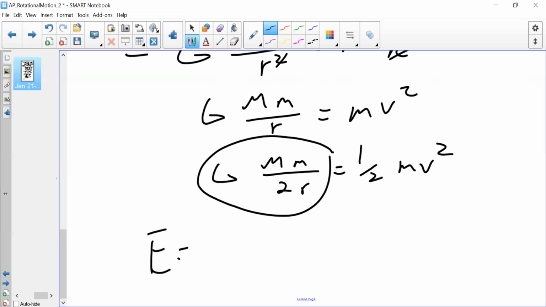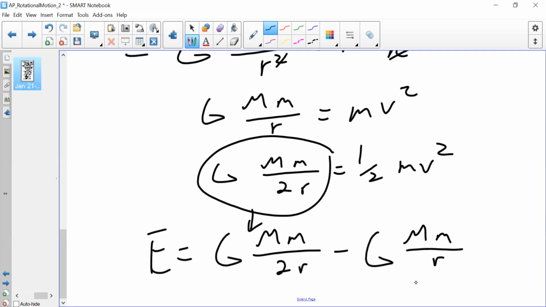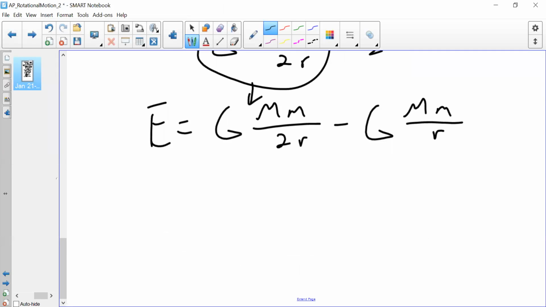Okay, so E is equal to G m M over 2R minus, see, I made the substitution right here. That was 1/2 mv squared, G m M over R. You do your like terms and your common denominators. See, right?